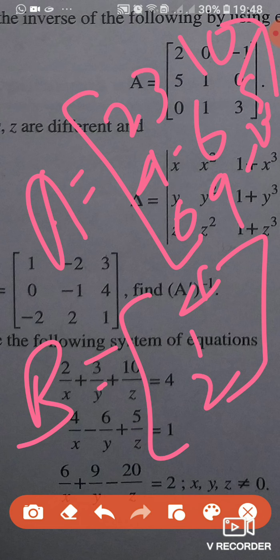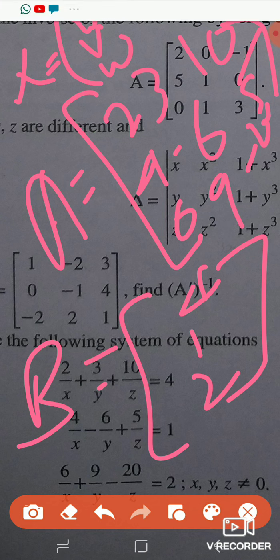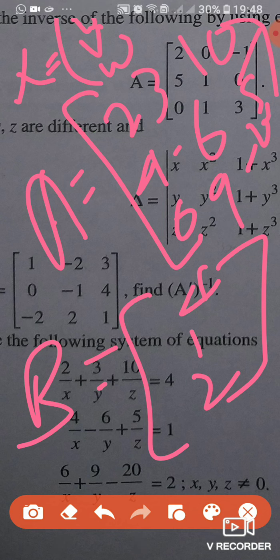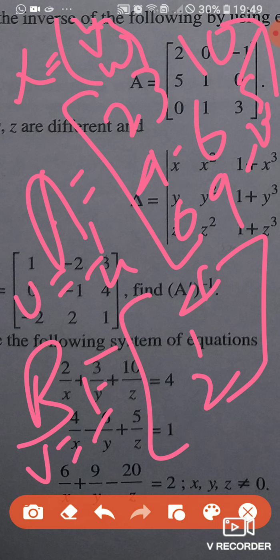And matrix X, where you have assumed 1 upon x equal to u, 1 upon y equal to v, 1 upon z equal to w, so you can write u, v, w like that. This u, v, w is the X matrix. U means 1 upon x, v means 1 upon y, w means 1 upon z.